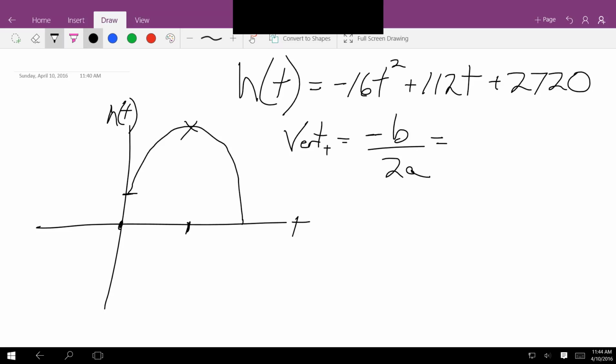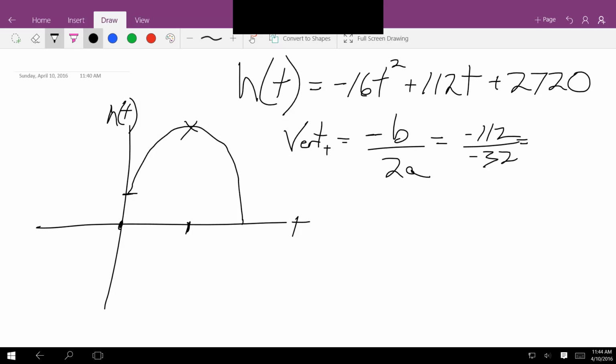Okay, so it'd be negative 112 over negative 32. I think that is 3.5. What? You have a calculator in front of you? I have one next to me.